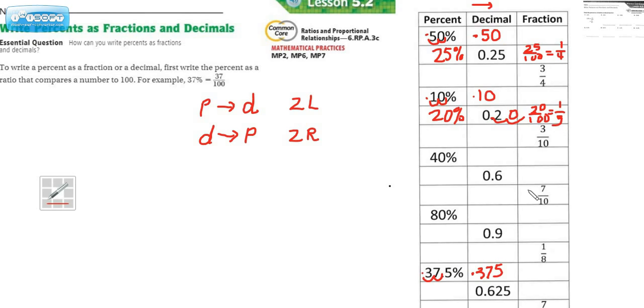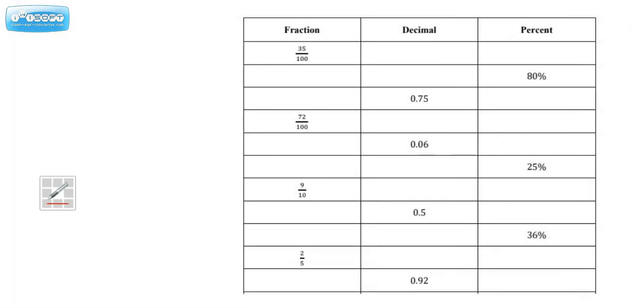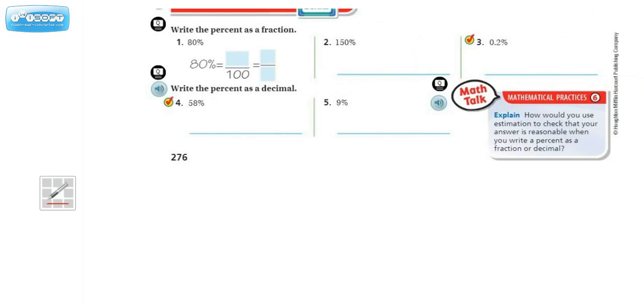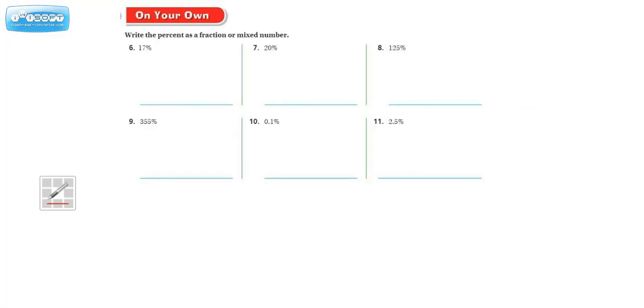All right, now my recommendation, if you ever get ones like that, let's actually skip that and come back, because I want to talk about what if you get something like this right here, and the directions are to write the percent as a fraction or a mixed number.